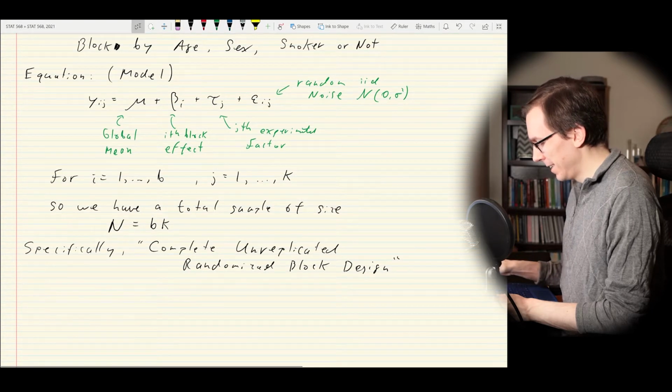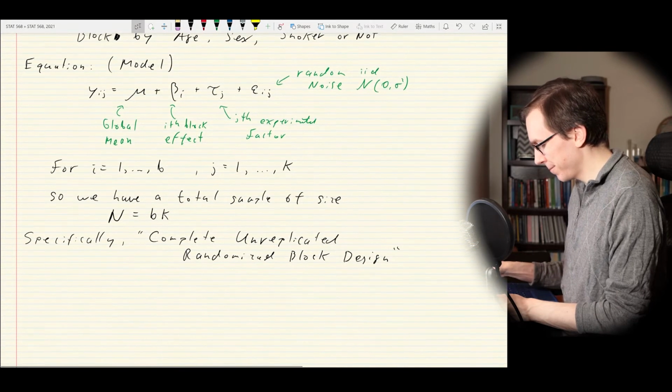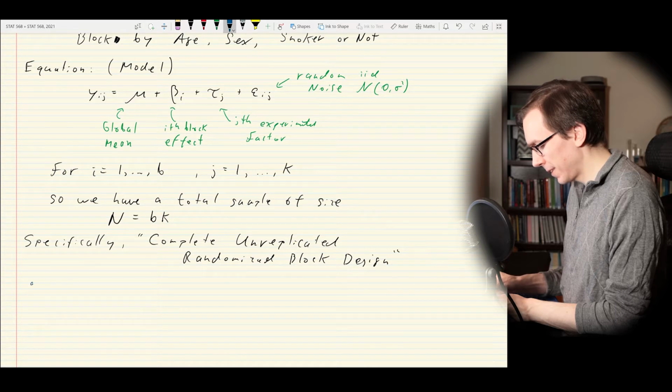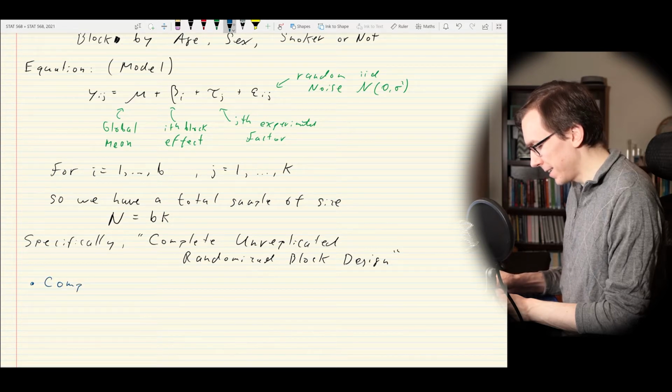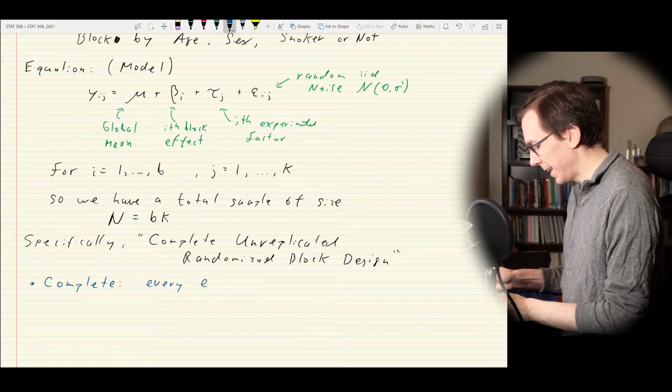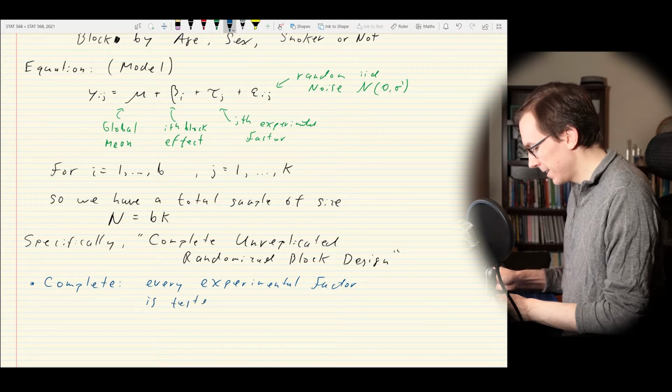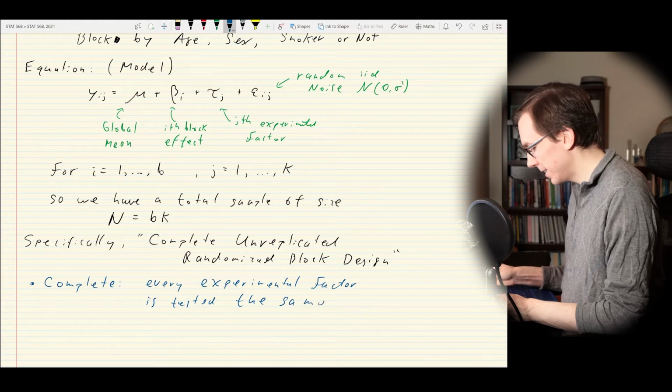Well, the complete is just basically telling us that every experimental factor is tested the same number of times in each block.